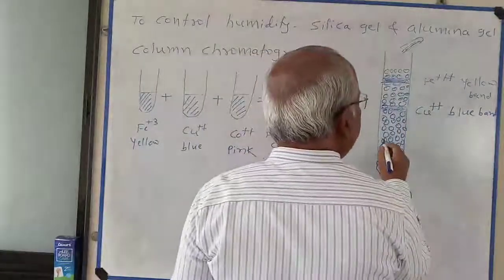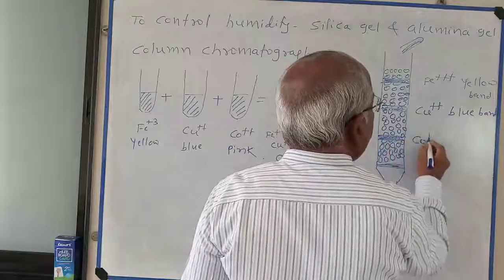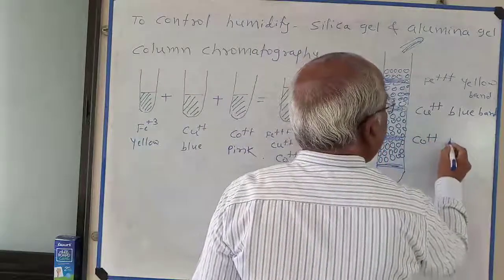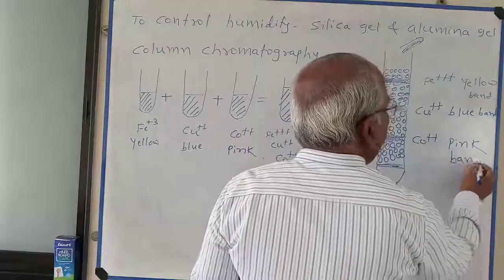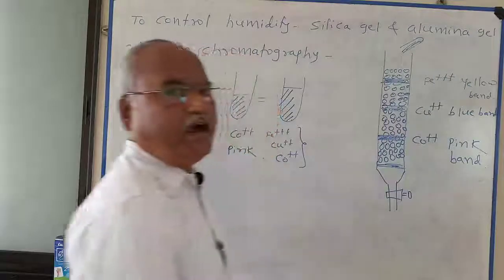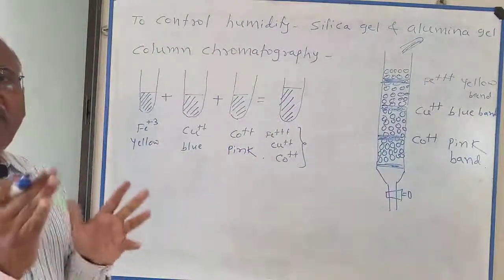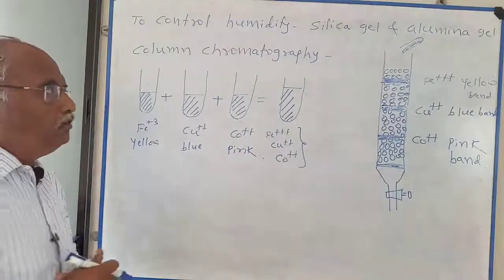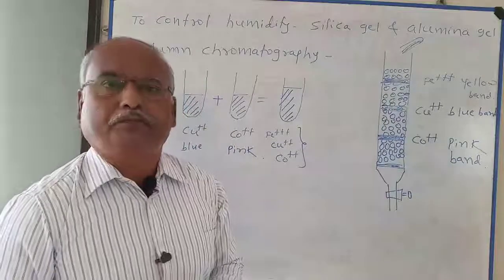And at the bottom, Co++ ions are adsorbed and form a pink band. So by using adsorption technique, we can separate the different constituents of the mixture.